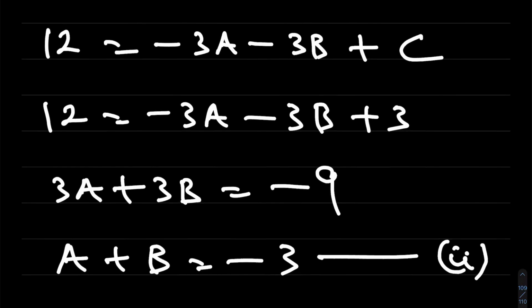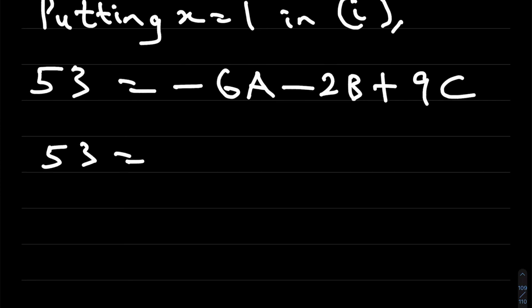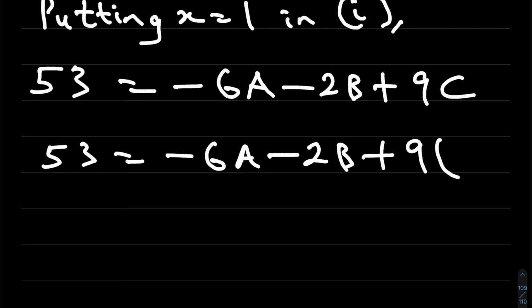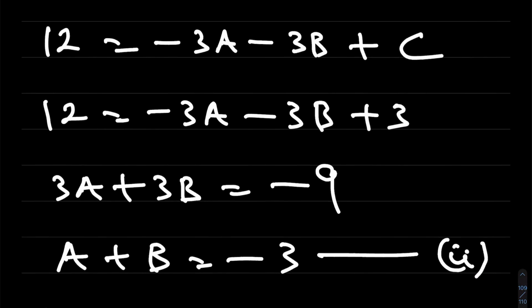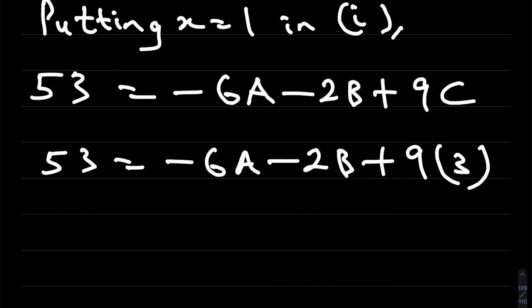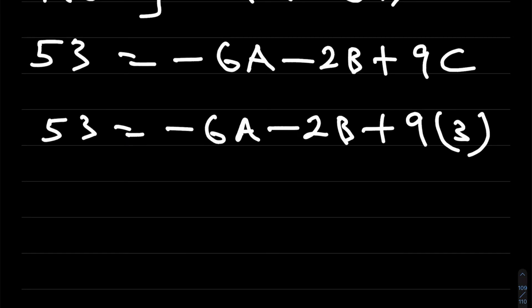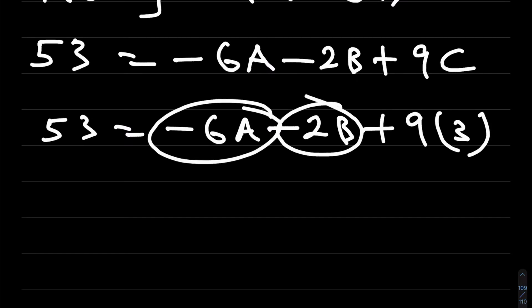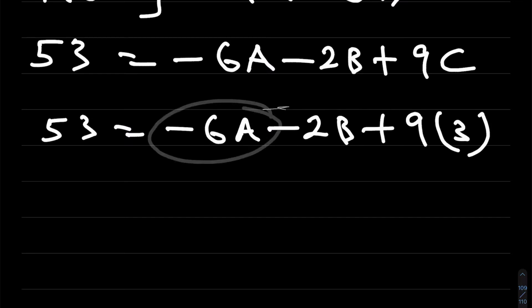And that simply means 53 equals, what do we already have? We only have c. 53 equals minus 6a minus 2b plus 9 times 3. c is equal to 3, that's correct. And that simply means I'm bringing minus 6a and minus 2b to the left hand side, and I'm taking 53 to the right hand side.